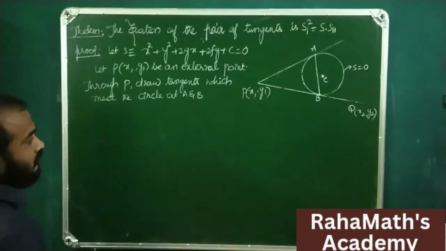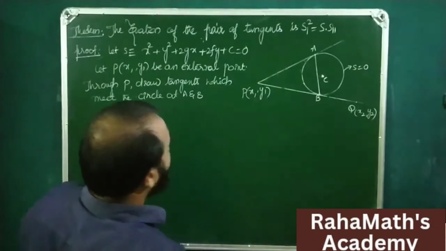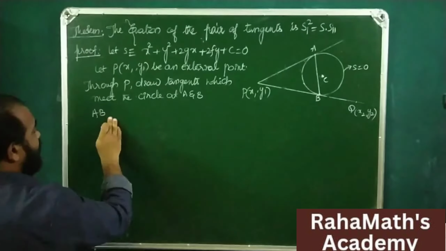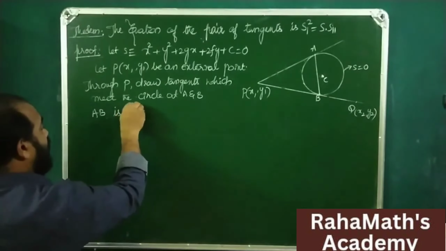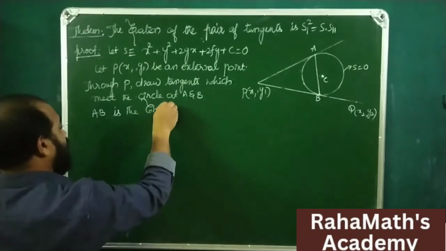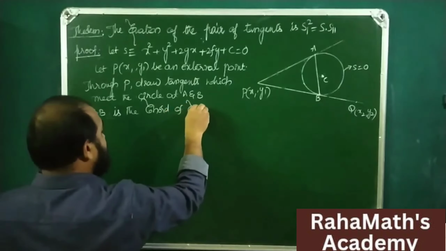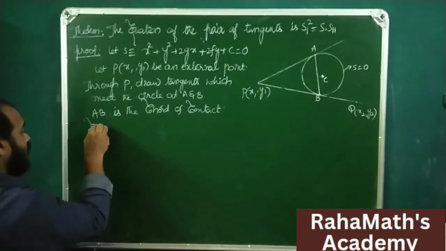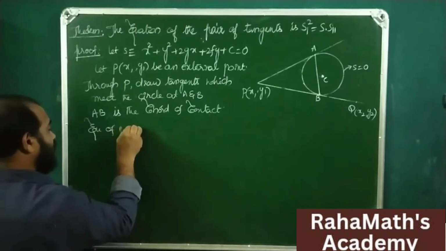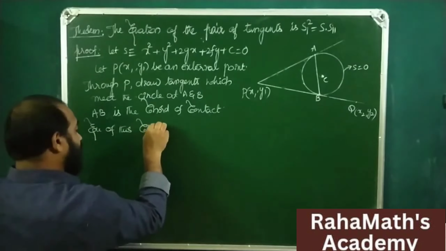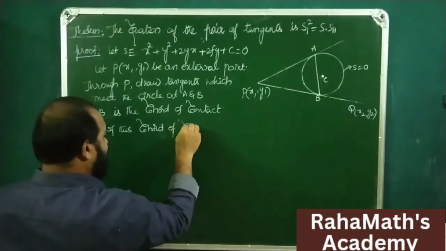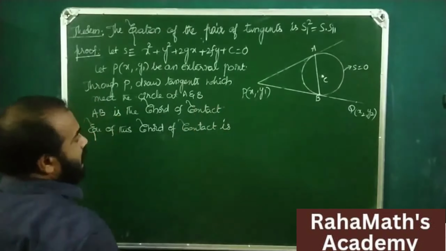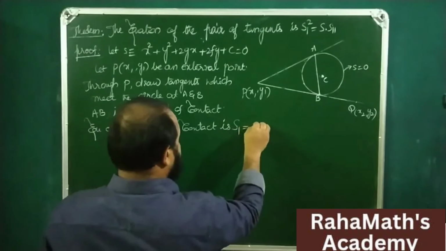Then AB is the chord of contact. What is the chord of contact? The equation of this chord of contact is S1 equals to 0.